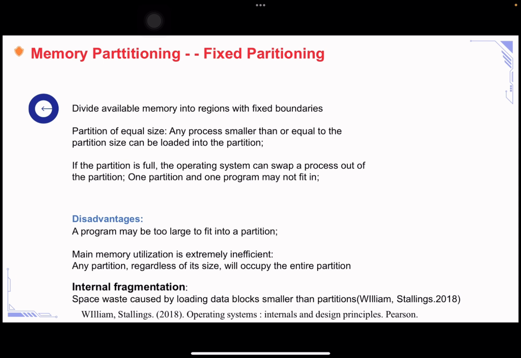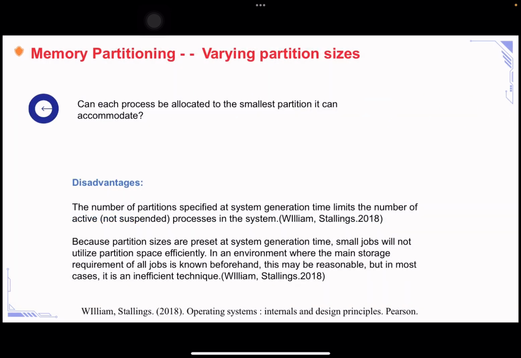Partitions of equal size: any process smaller than or equal to the partition size can be loaded into a partition. And here you can see a very obvious internal fragmentation, which is wasted space caused by loading data blocks smaller than the partitions. Another concept is also similar to fixed partitioning: varying partition size.